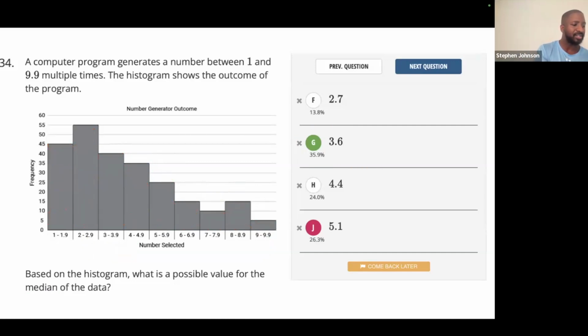So hopefully that makes sense on how to find a median from a histogram. All right, next question.